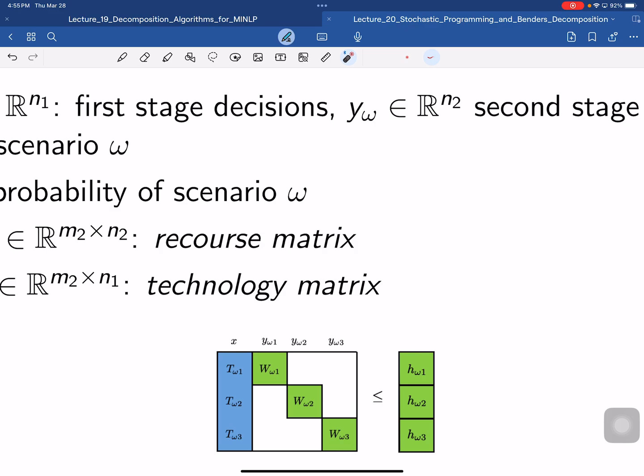Here we are not copying x for each scenario. We will just fix the x and solve the rest of the problem in parallel. So you're fixing the x, using some routine. Conceptually, are we all clear on this type of problem? All right.